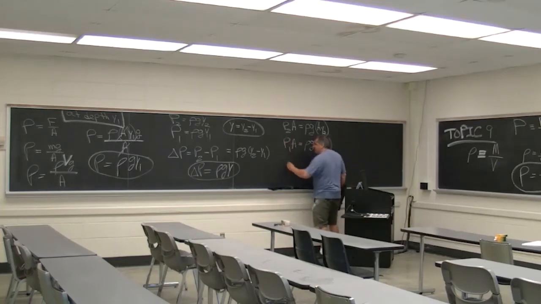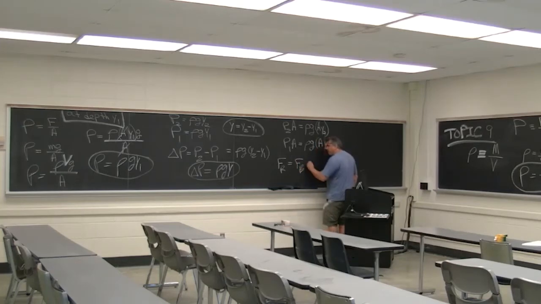If you subtract the two, it's the resultant force, and they call that the buoyant force. F sub B for buoyant force. Subtract these two, and you end up getting rho g.